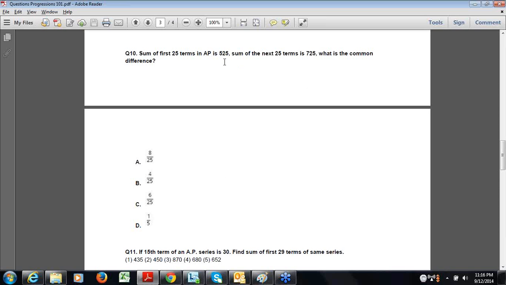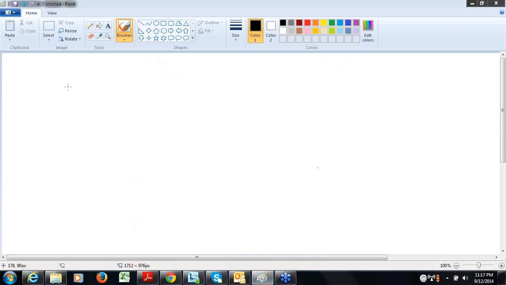So first 25 terms is 525 and next 25 terms is 725. Sum of first 25 terms will be what? 25 by 2 into 2a plus 24d.